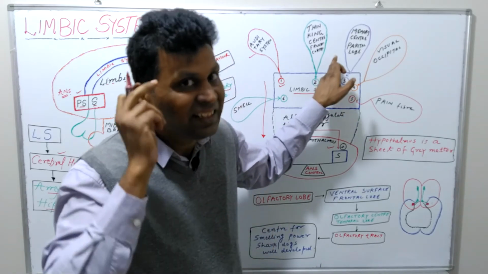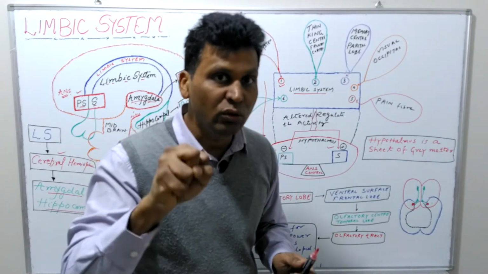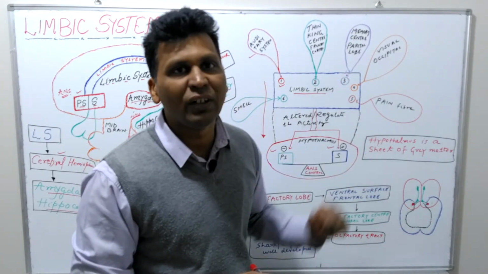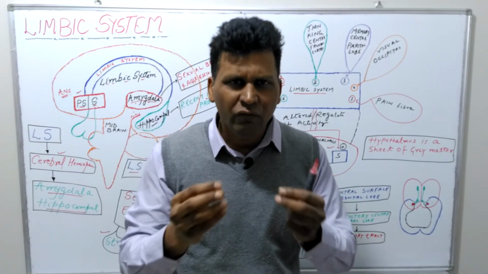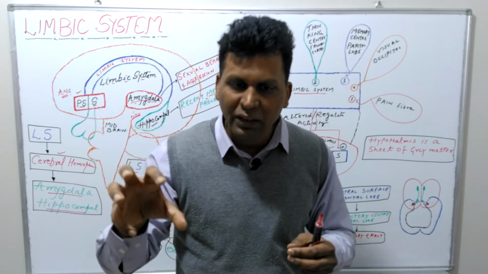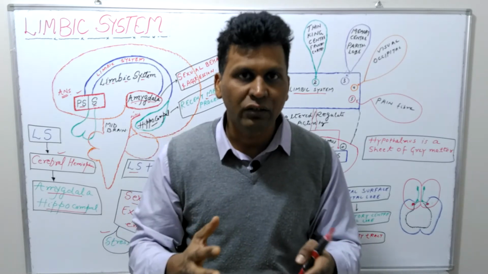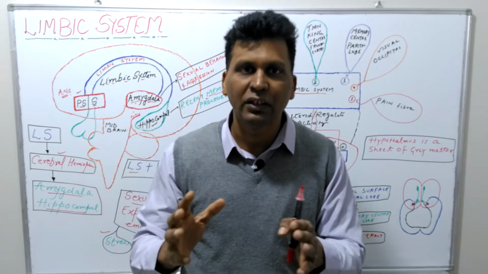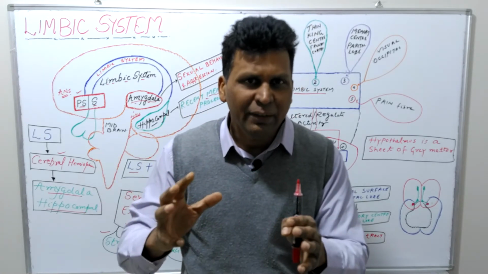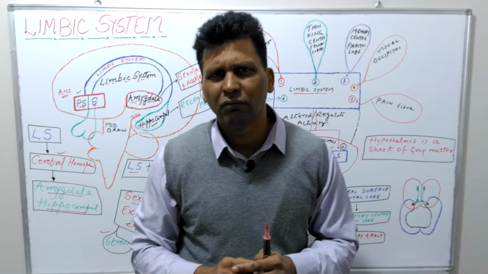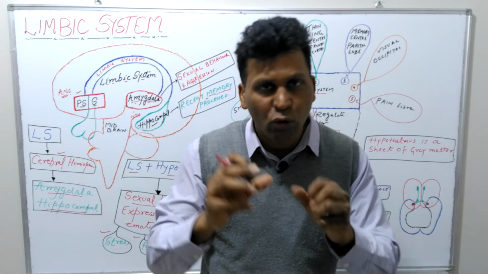It means your thinking center is also activated, your memory center is also activated, and if it bites you, your pain fibers will also be activated. Similarly, if anybody harms you or beats you, or if you meet a friend you don't like, you will think that maybe you want to avoid them. It means different types of activity on a daily basis concerned with your emotion.